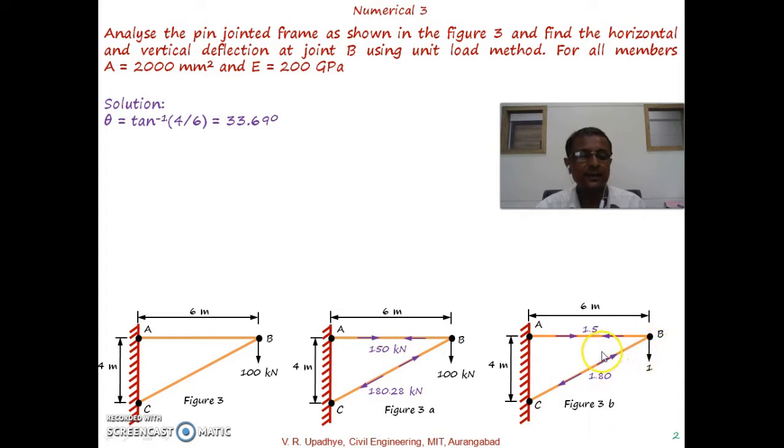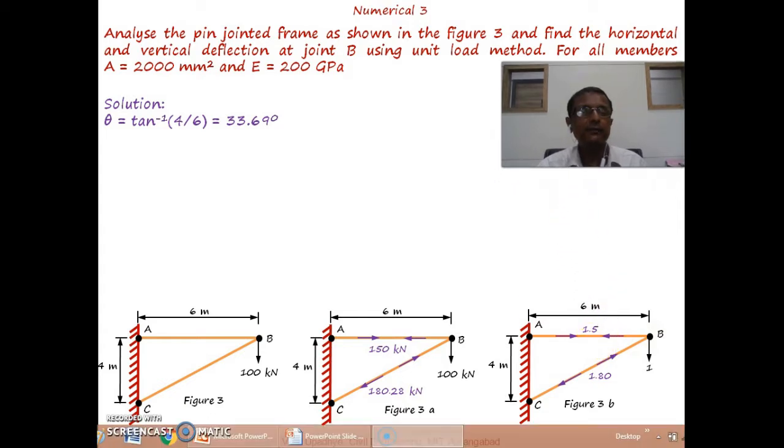That gives us the internal member force in member CB as 1.8, and that is compression. And again, if we apply summation Fx equal to 0 over here, then member force FAB plus member force FCB cos 33.69 must be equal to 0. That gives the member force in member AB as 1.5, and that is tension.